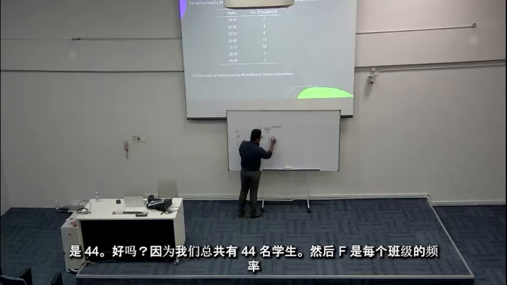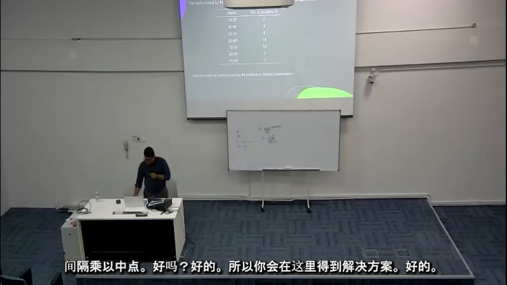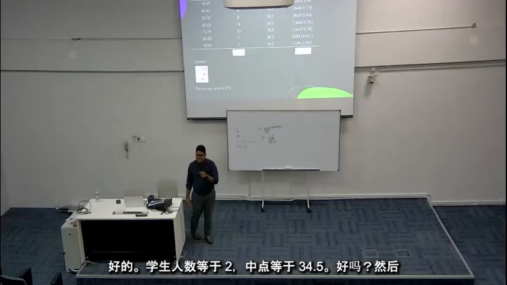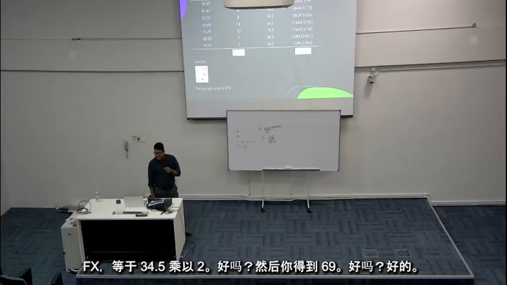And f is the frequency of each class interval, multiplied by the midpoint. So you will get this solution here. The number of students is equal to 2, the midpoint is equal to 34.5, and fx is equal to 34.5 multiplied by 2, and you get 69 here.